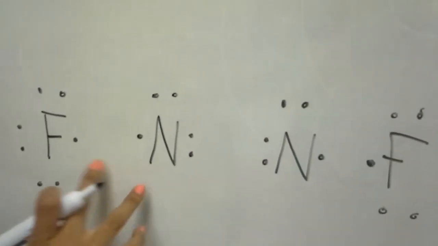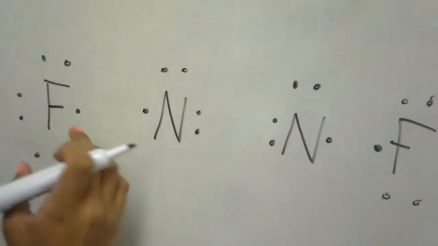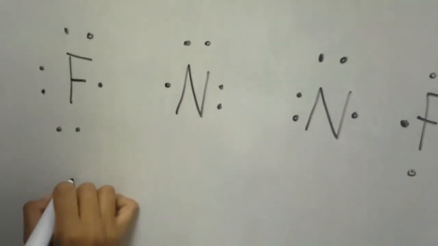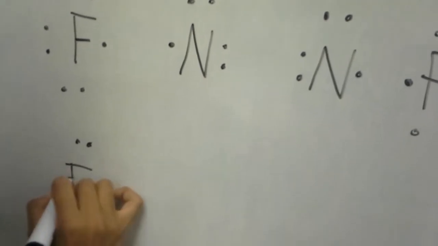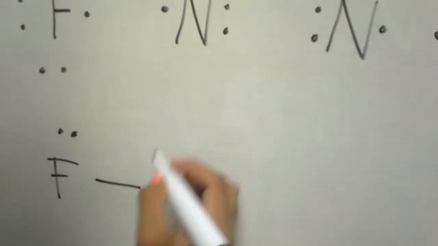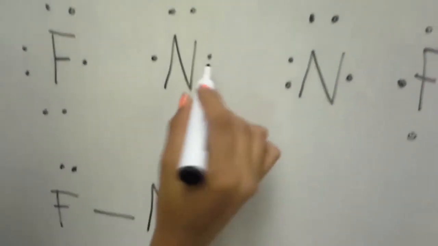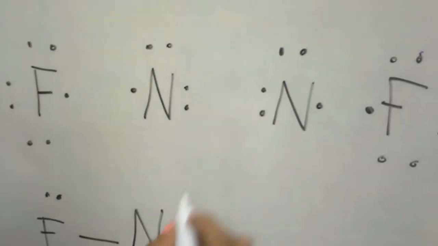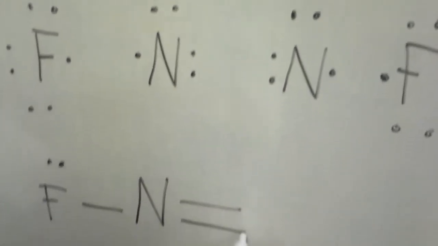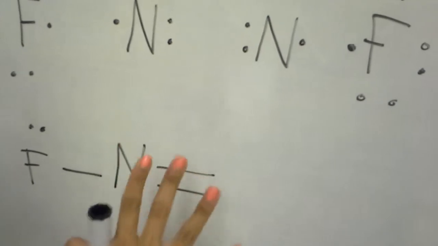Just like I explained above, these 2 are attracting each other, so they're connected. So this becomes that line. Right here, since you have 2 on each side, you have 2 lines instead of 1. So in here, you have 4 electrons.